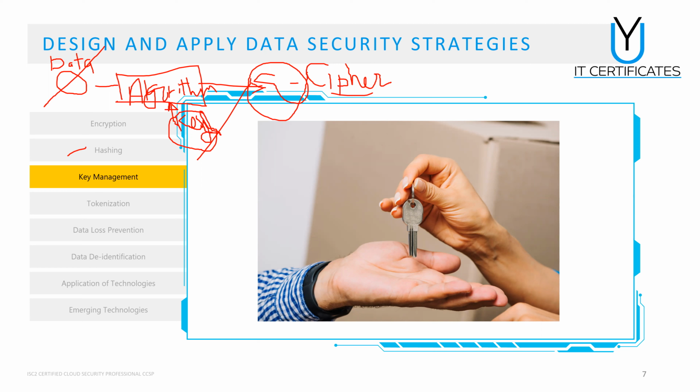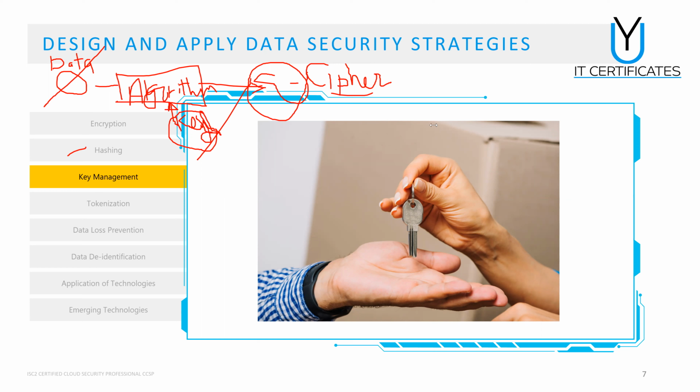If the key is lost, can it be hacked? Here there is a difference between lost and exposed. If it's lost and no one is able to get it, then it's not hacked.